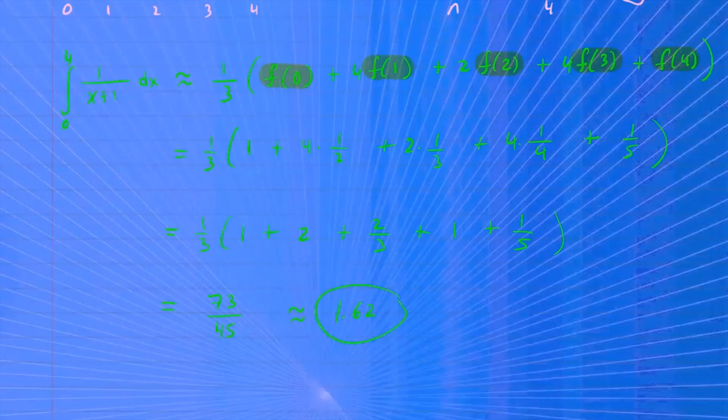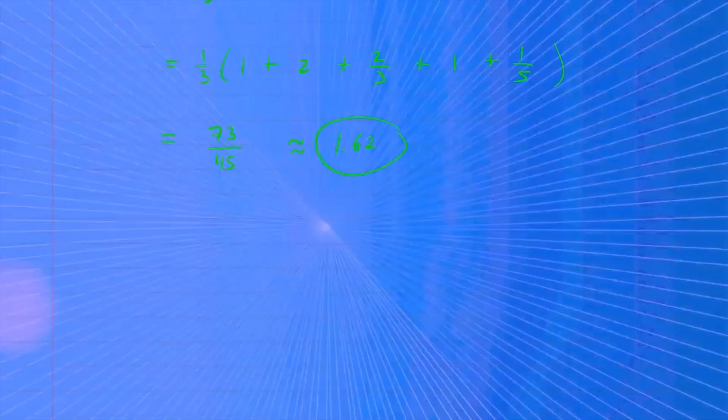Now let's go ahead and find the exact area. To find the exact area, we're going to integrate this function. We know how to integrate this. So here's the actual area of the function from 0 to 4 of 1 over x plus 1 dx.